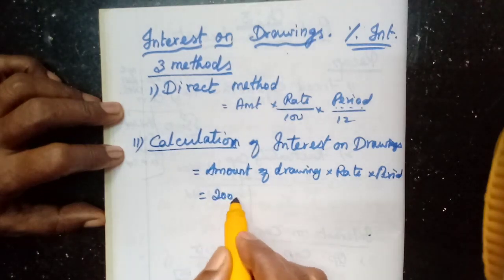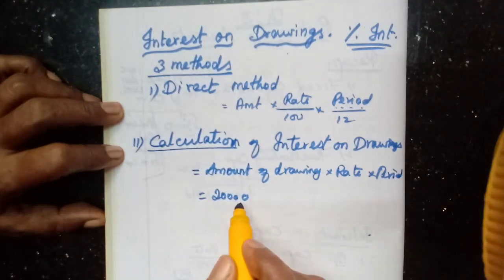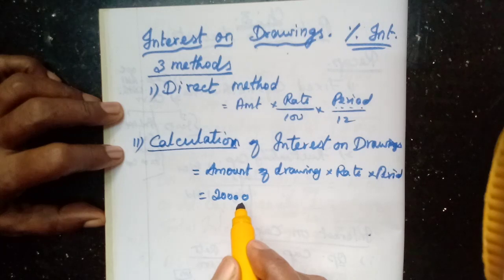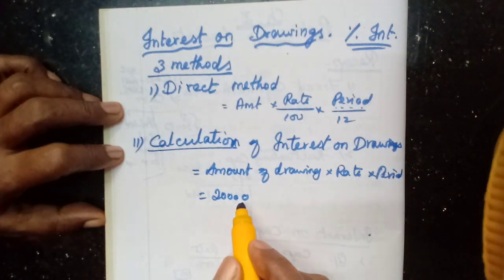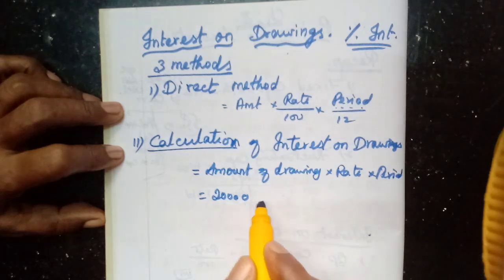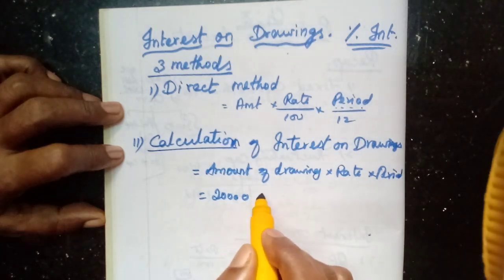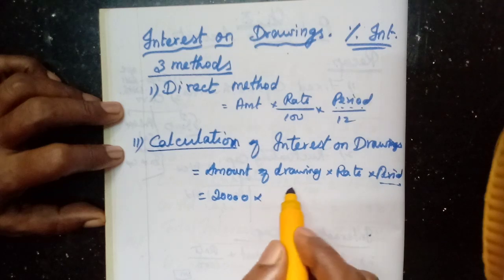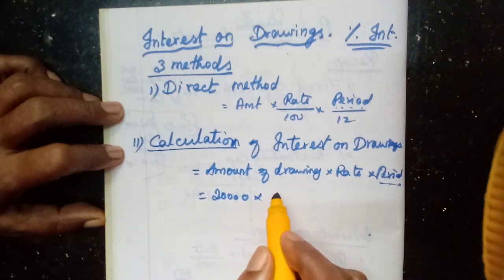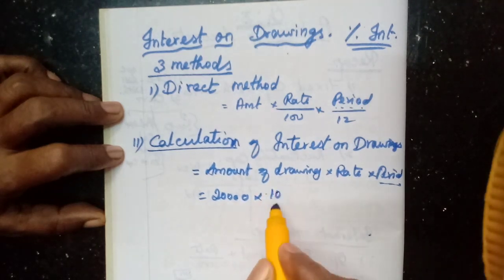When the accounting year ends, 31st December 2018, so he is not withdrawing from the beginning. So we need to calculate the period. Then the rate, 10 by 100.